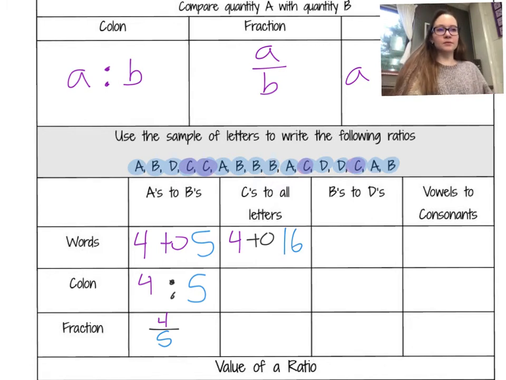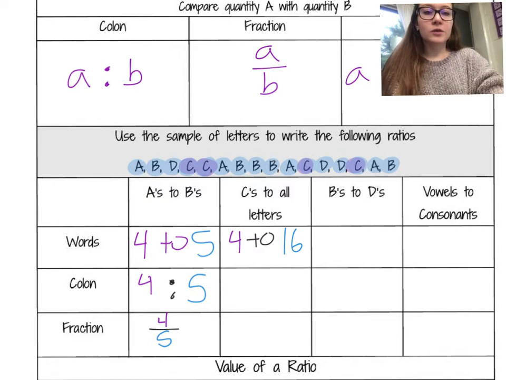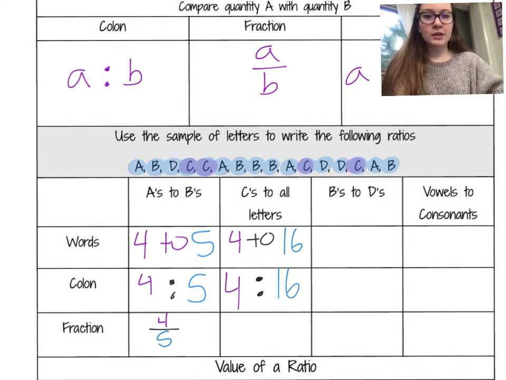So for every 16 letters, there are 4 C's. As a colon, it's 4 colon 16, 4 to 16. As a fraction, it is 4.